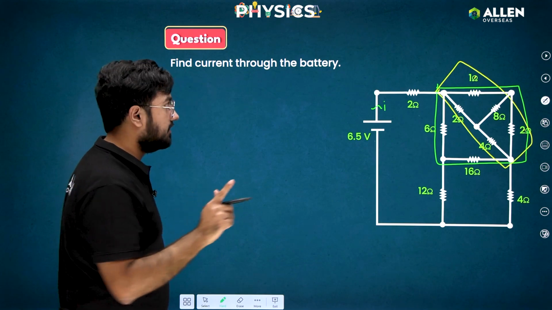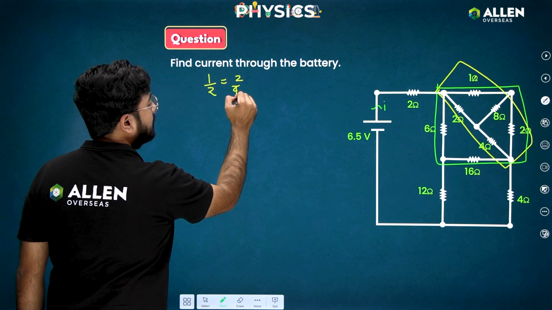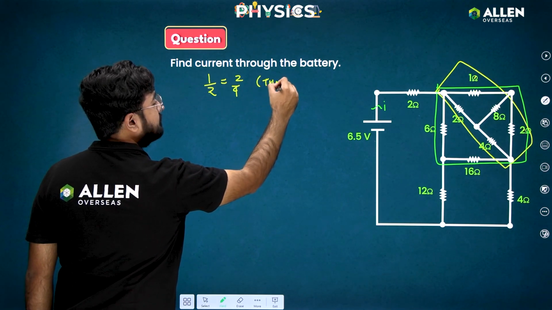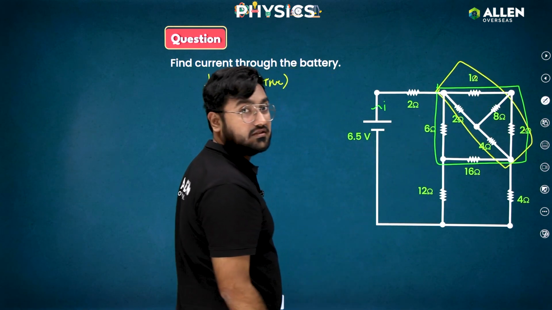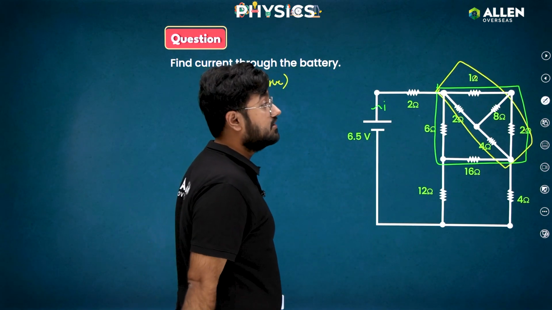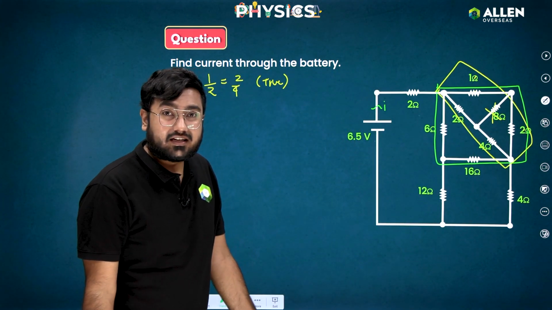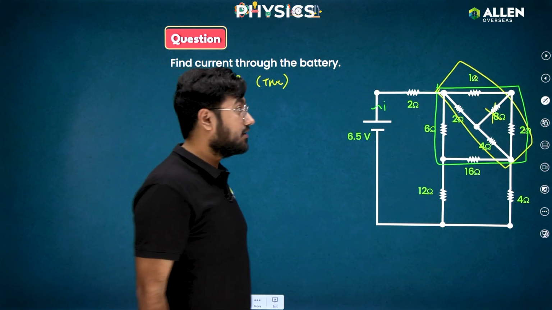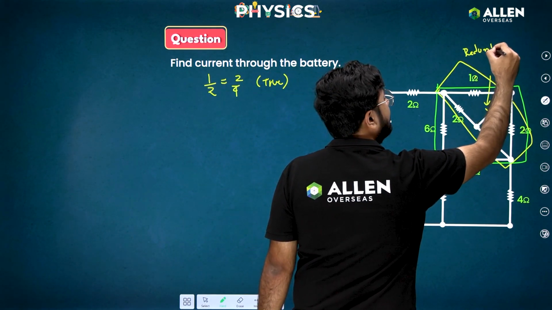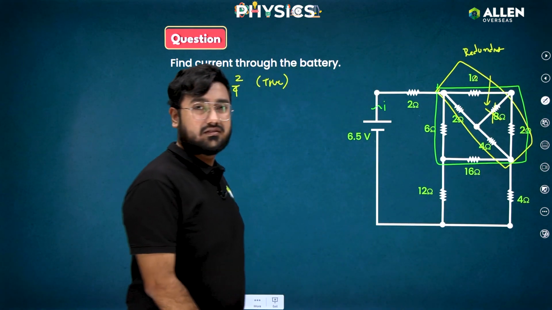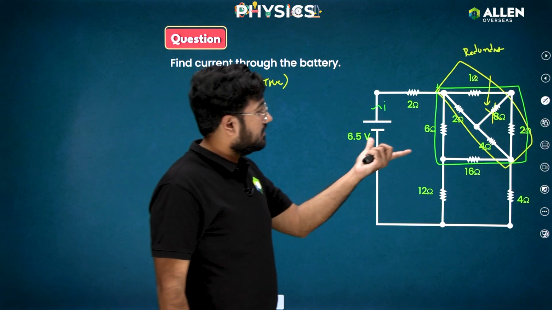So the ratios must be the same, right? 1 by 2 is equal to 2 by 4. Yes, this is true. So this is a balanced Wheatstone bridge, and the current through the central branch is 0. That means this branch is redundant.